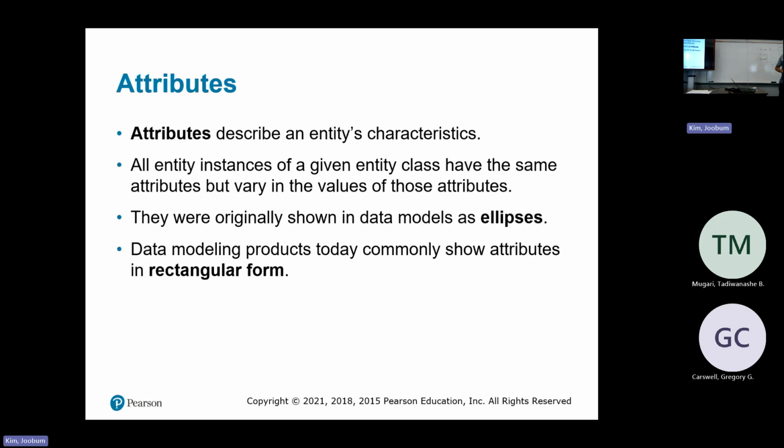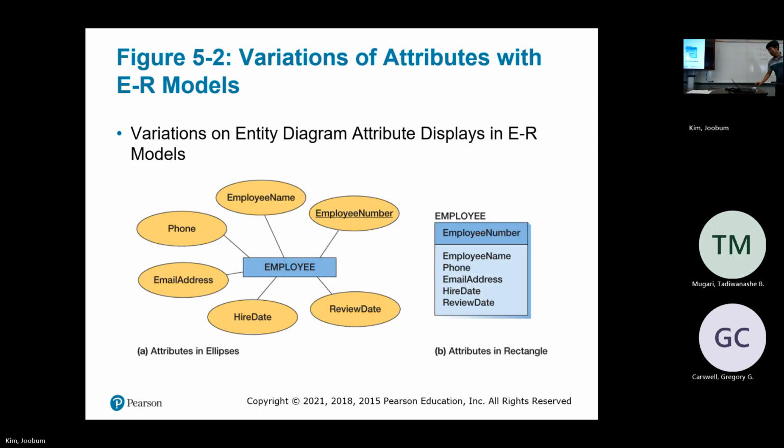Attribute: you know that an attribute is an entity's characteristic, such as name, ID, address, GPA, the courses, anything. In the original ER diagram, the attributes are shown as ellipses, but later it changed to rectangles.